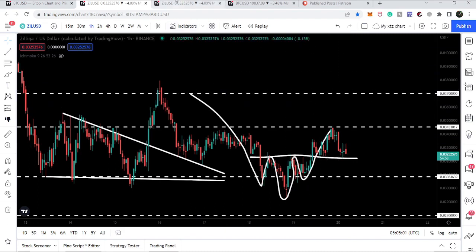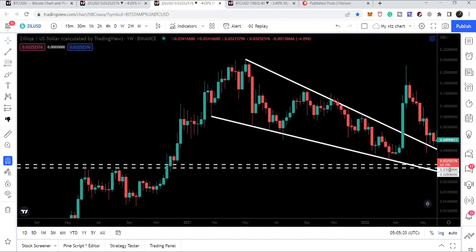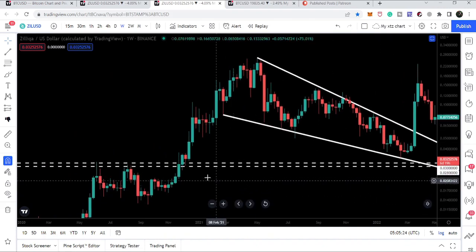Let me show you on the weekly time frame. Here we can see that Zilliqa broke out the resistance of a very big wedge and was testing the previous resistance of the wedge as a support, but failed and re-entered the same wedge, and we have tested this 3 cent support here. Let me also show you the 2.8 cent support that is stronger than 3 cents.